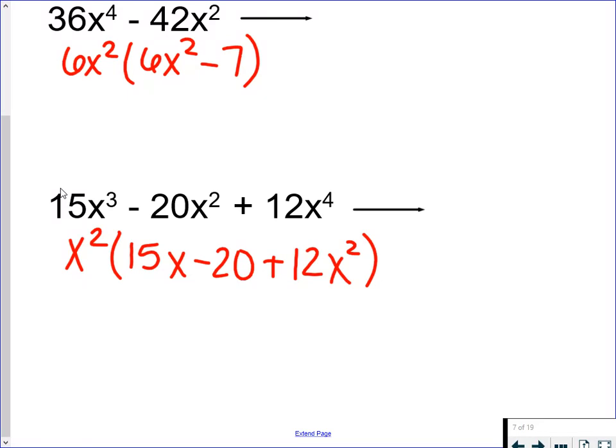But again, we're just taking out the greatest common factor. Between these and solving by square roots, these are the ones y'all miss because you're so used to the repetition of everything else. So don't forget about these.